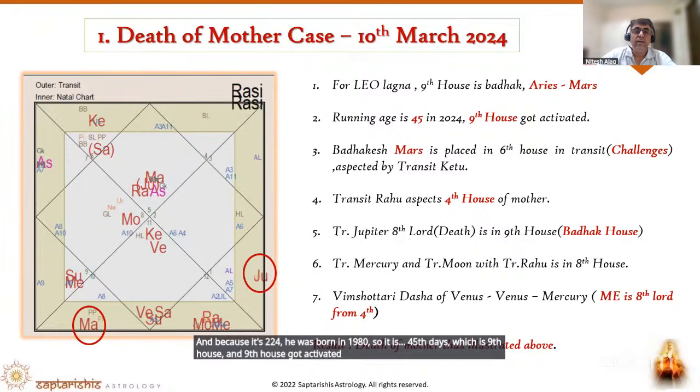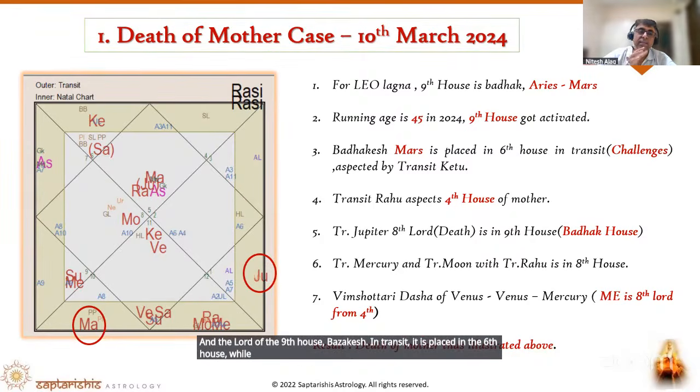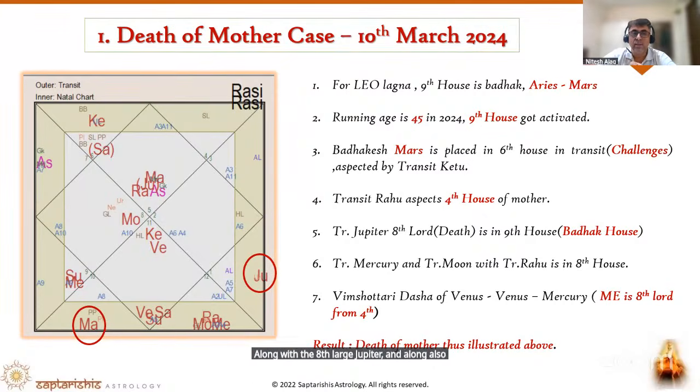Second point: the lord of the 9th house, Badhakesh, in transit is placed in the 6th house. In natal, you can see Badhakesh sitting there along with the 8th lord Jupiter and also with Rahu. The native also has the Moon in Scorpio in the 4th house, where the Moon is anyway debilitated.